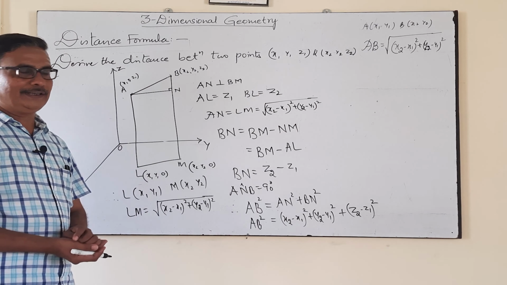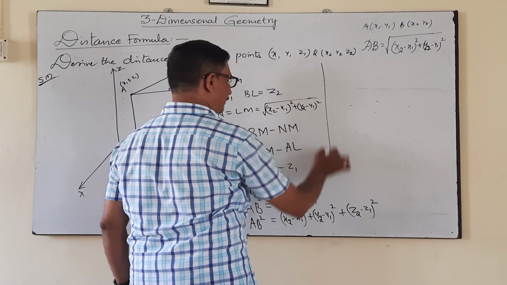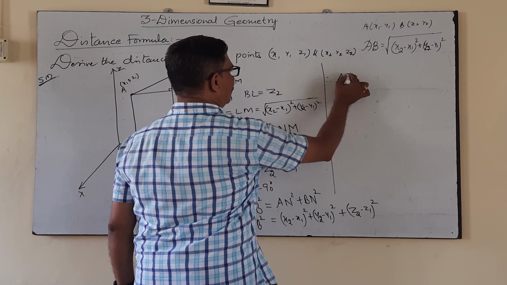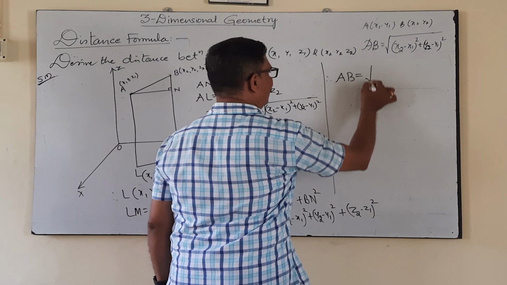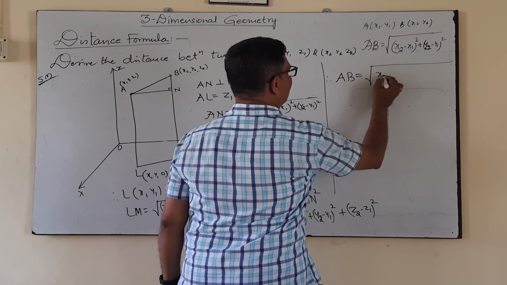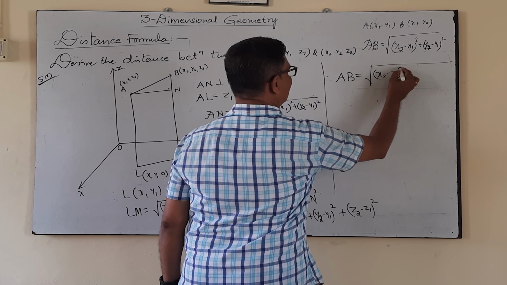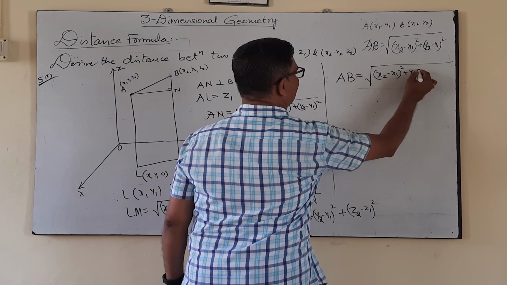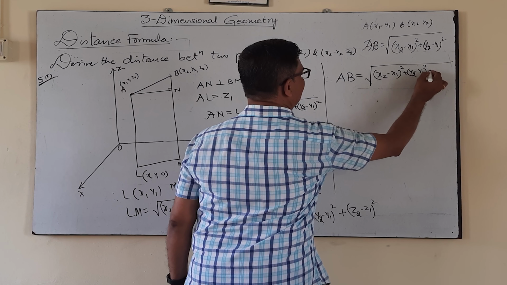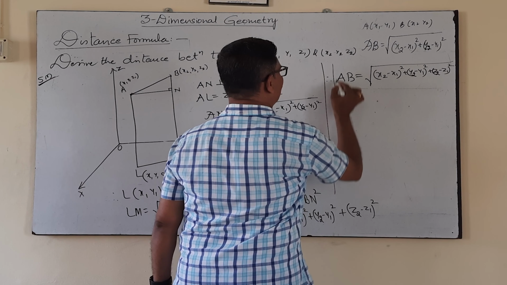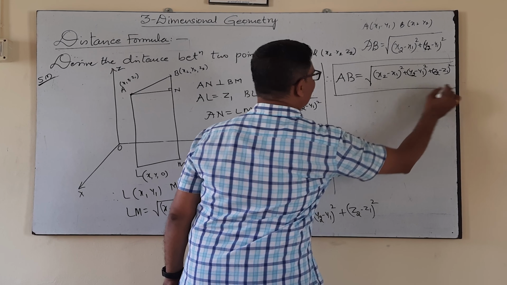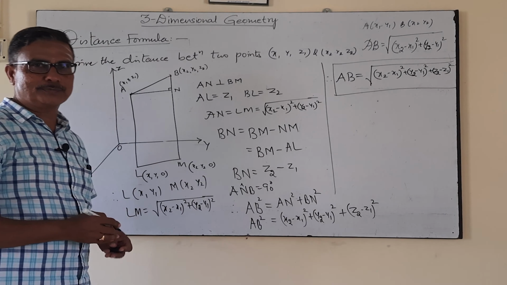Therefore, taking the square root on both sides, the distance AB is equal to under root of x2 minus x1 to the power of 2 plus y2 minus y1 to the power of 2 plus z2 minus z1 to the power of 2. This is known as the distance formula.